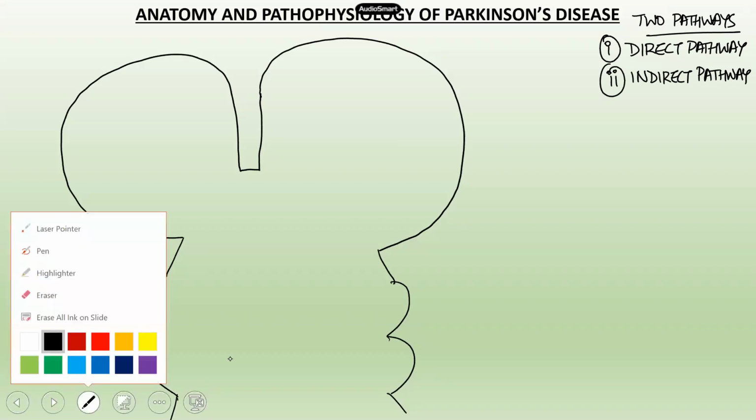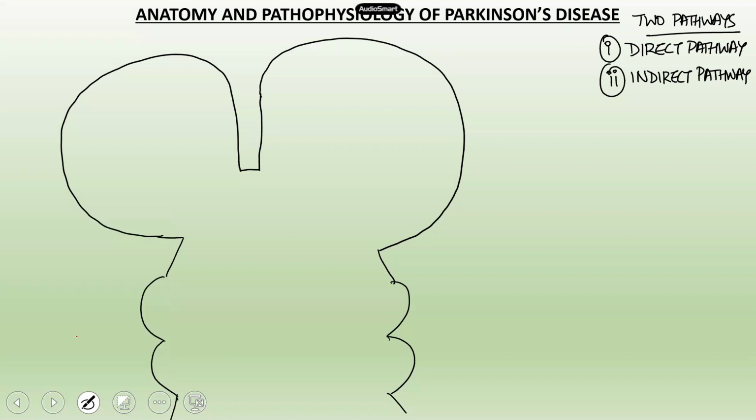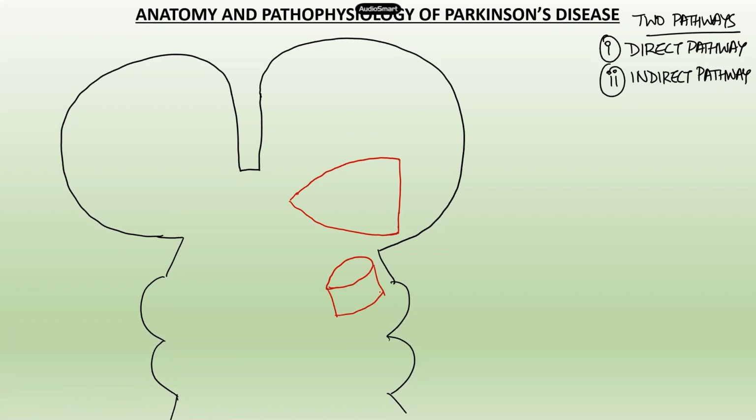So let me first draw the basal ganglia, right? And I'm going to just draw one side so that you remember it well, right? And here is your substantia nigra in the midbrain, right? And then here is your thalamus.